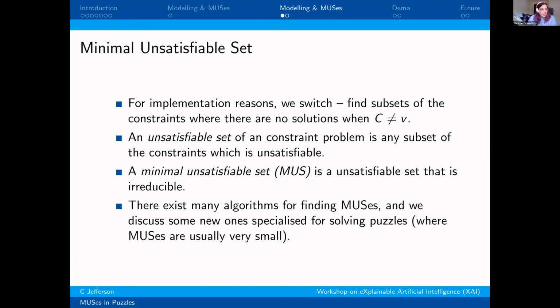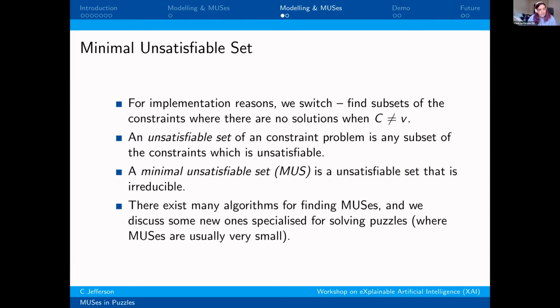This is where the MUS comes from. And there's been loads of research on these. They come up in explanations all the time. The idea is if you have a big unsolvable problem, you're trying to find the smallest bit that isn't solvable. And that can be useful to explain to people, like, why can I not make my schedule? Oh, well, it's because this little bit of the schedule was unsolvable.